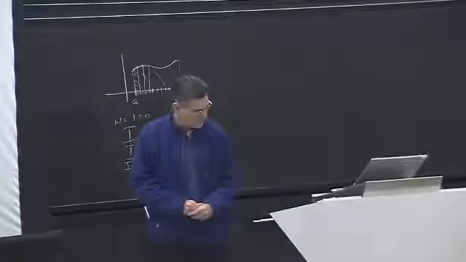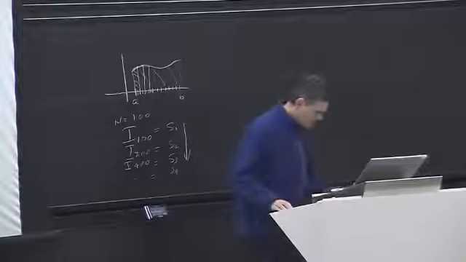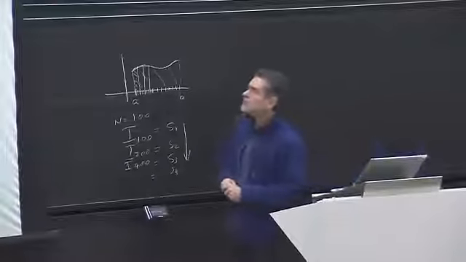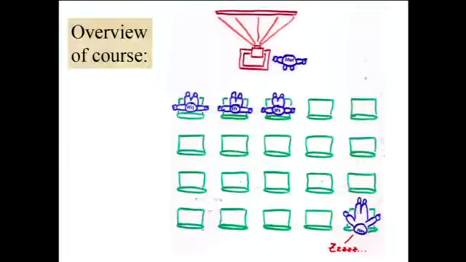Okay, now, let me summarize. Here is an overview of the course so far. What I've told you is relatively elementary stuff, because what I've told you is how to sum a series if it converges.